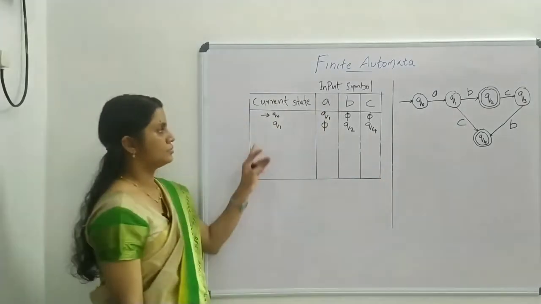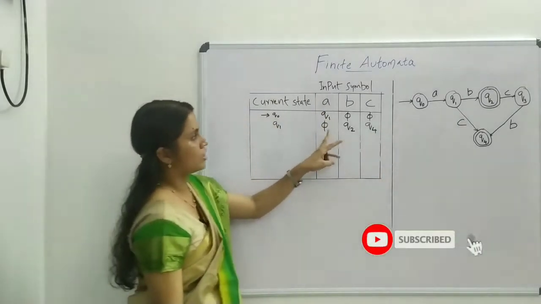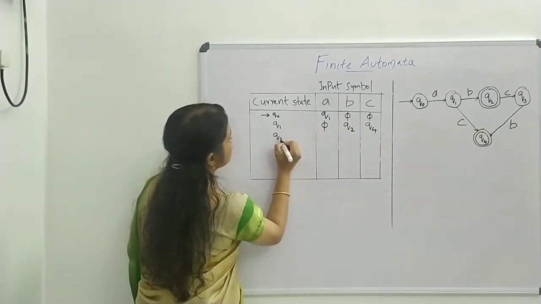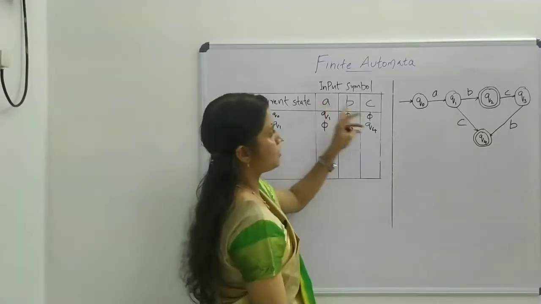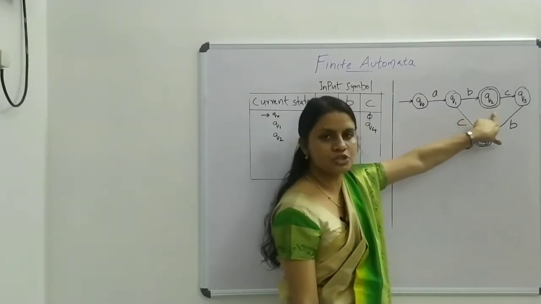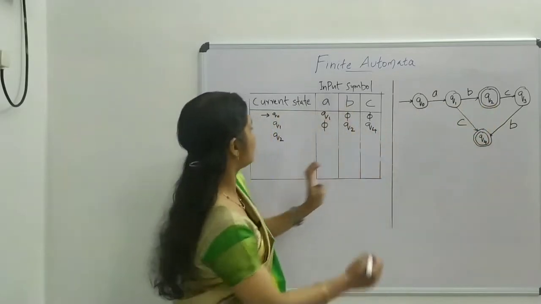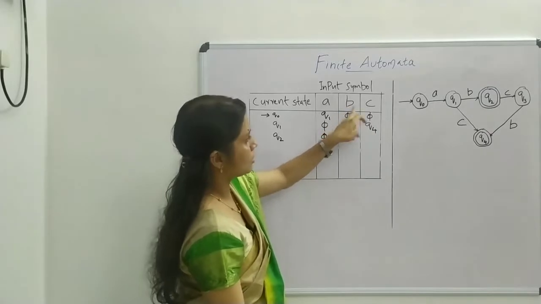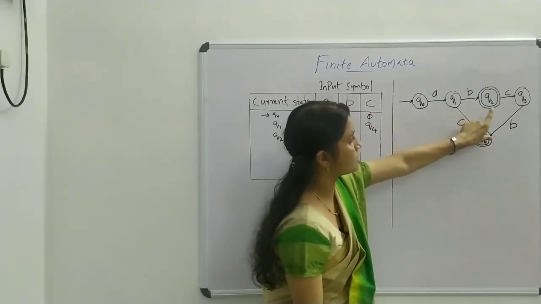Next state is Q2. Q2 on the input symbol A: is there a transition? No, so it is none. Then Q2 on the input symbol B?